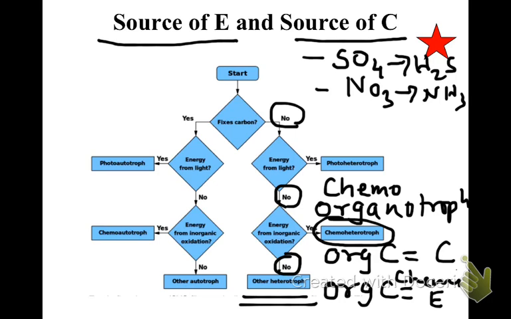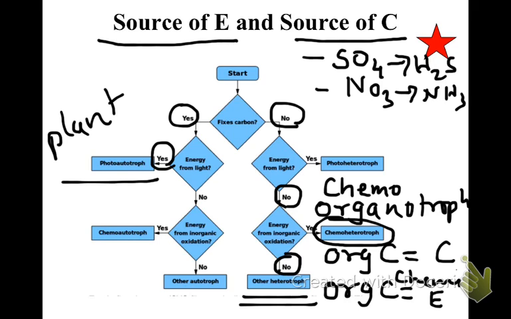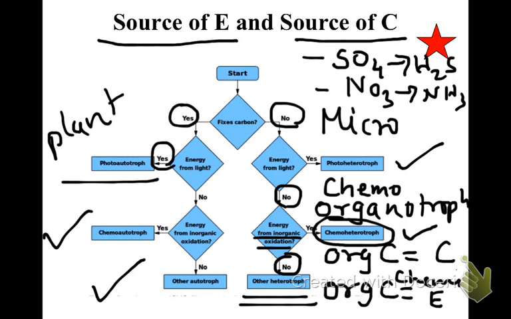On the other hand, if we are talking about a plant, does it fix carbon? Yes. Does it need energy from light? Yes. So it is a photoautotroph. Anything else, a photoheterotroph, a chemoautotroph, any other kind of autotroph, or a chemoheterotroph which does inorganic oxidation, all of these are microbes, and we are not really concerned with that for our course.